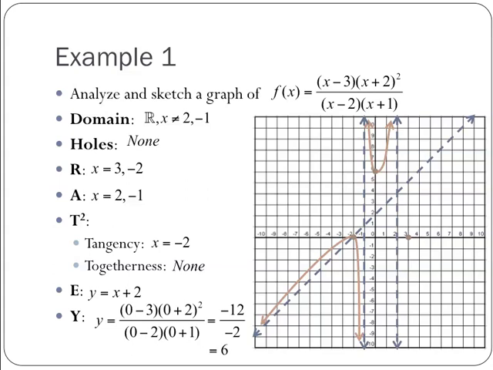So it's going to get very, very close to -infinity on the right-hand side of the vertical asymptote, and then it's going to go through 3. There's no tangency at 3, so it will just go straight through 3, and then it will get closer and closer to that slant asymptote because the end behavior looks a lot like that line, y equals x plus 2. And there's our graph.